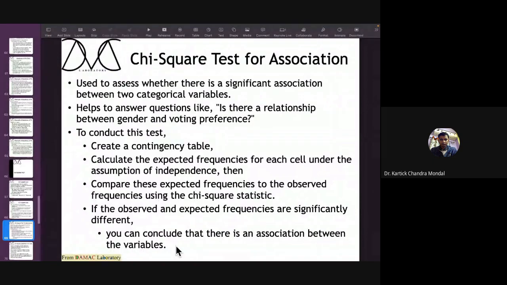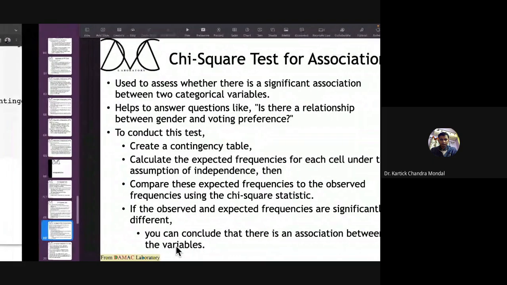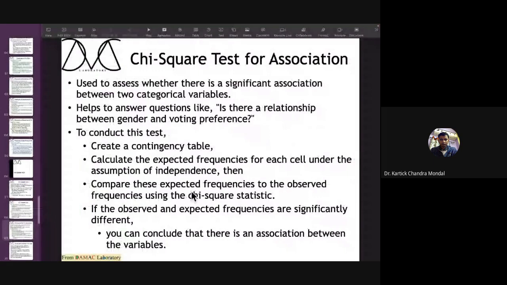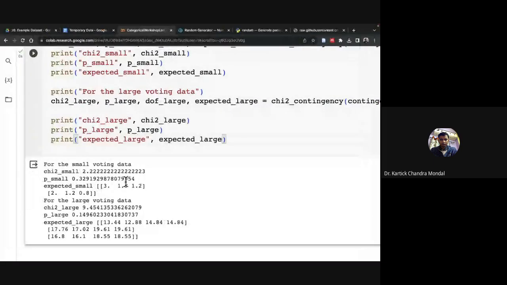Sorry, what I said: if the difference is high, that means the chi value is high, then there is an association. If the chi value is low, then there is no association.